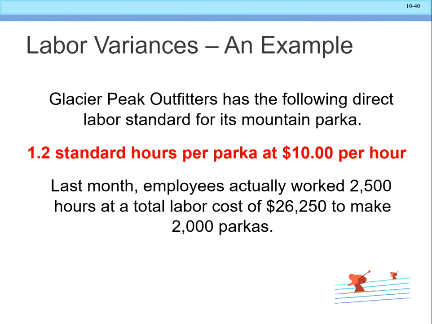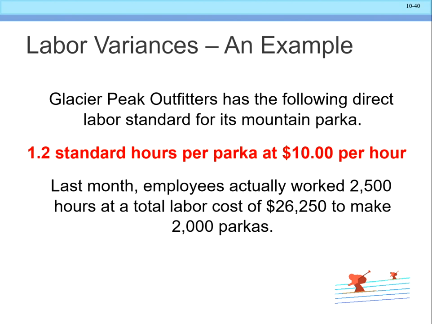So one packer is going to cost us $12, which is 1.2 times 10. So if we produced 2,000 packers, we should have paid 24,000.